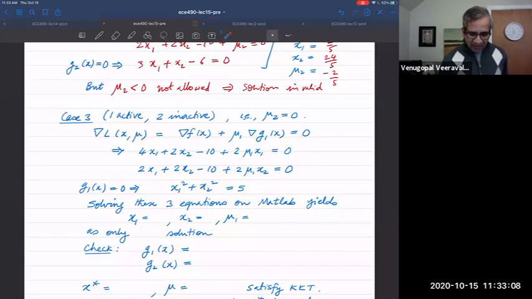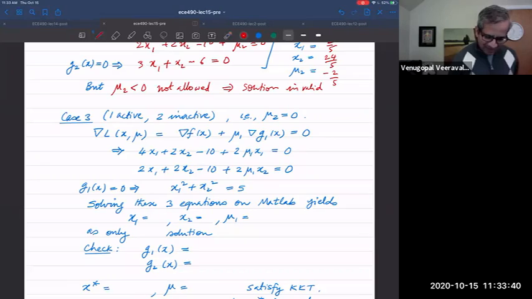What you end up getting in this case is, I believe, three possible solutions for x1, x2, and mu1. You can solve them in MATLAB, which is what I did. Two of the solutions are actually complex valued, so you can just look at real valued solutions. The real valued solution turns out to have quite a simple form in this example.